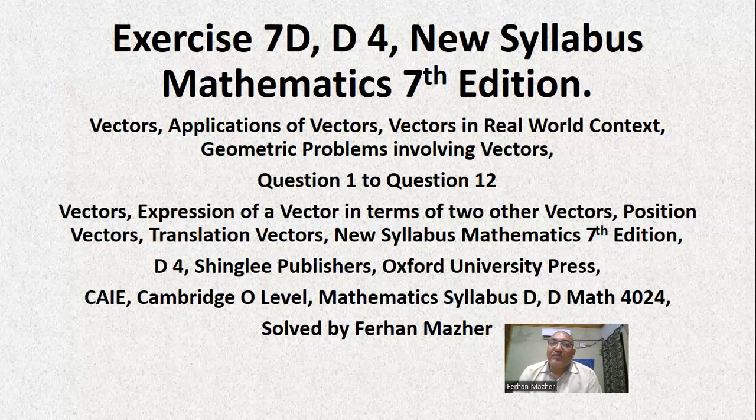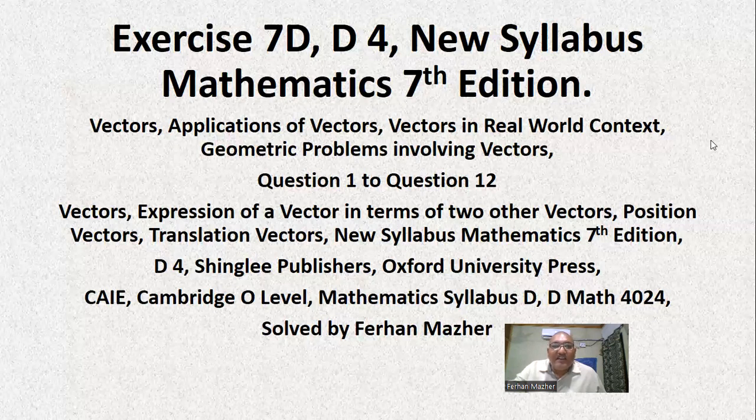In the Oxford University Press, the chapter on vectors is the 7th chapter, and in the Shinglee publishers, the chapter is 5. Only the number of the chapter is different. The rest is exactly the same. So the soft copy I'm using is from the Shinglee publishers.